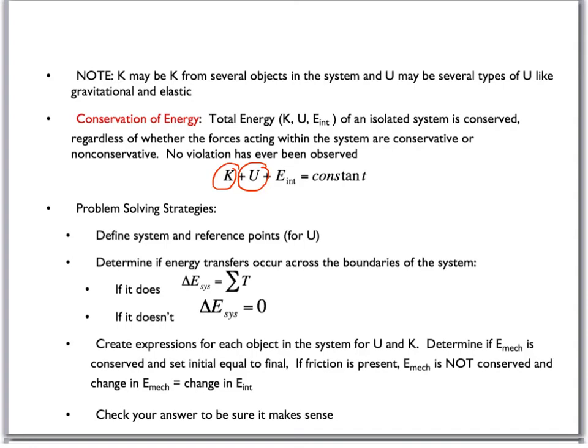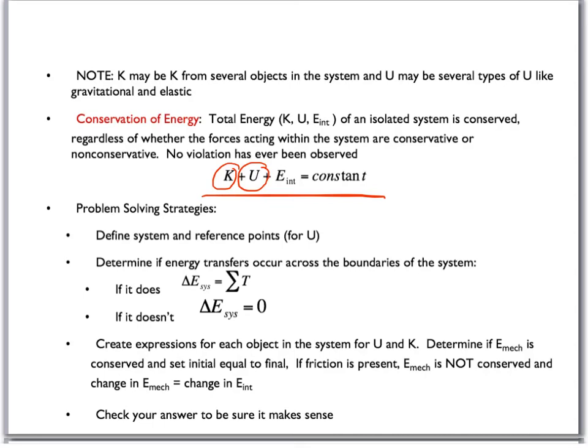But essentially what we're getting at here is this conservation of energy theory, that anything that has a change in its energy is really coming from somewhere else, so that the total energy of kinetic, potential, and internal of an isolated system is going to be conserved, regardless of whether the forces acting within that system are conservative or non-conservative. There is no violation that has ever been observed in this. Basically, when you look at all the different energies in a system, that total has to be a constant.